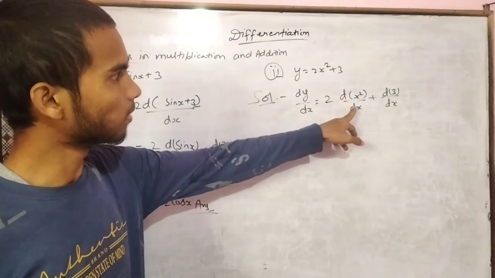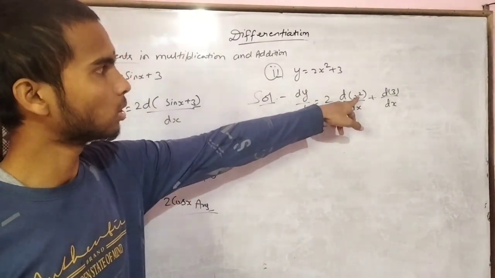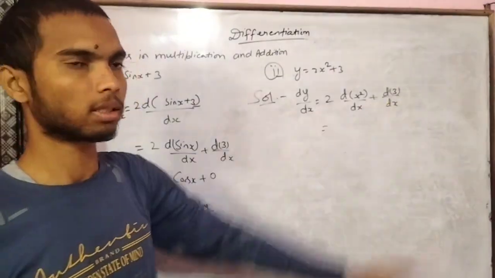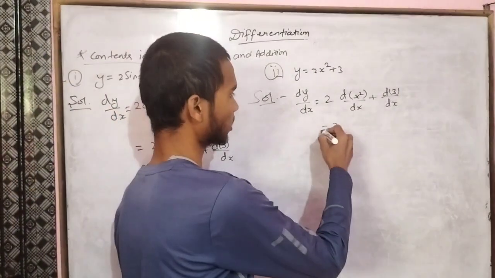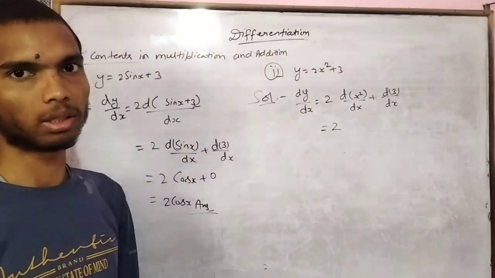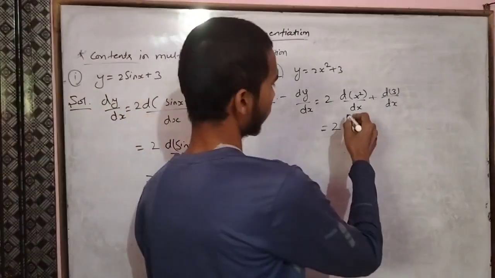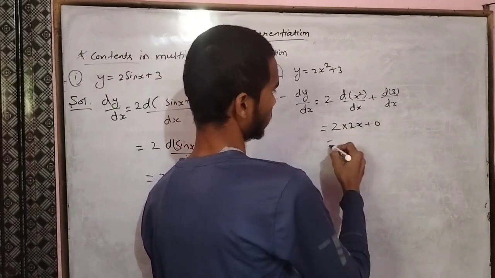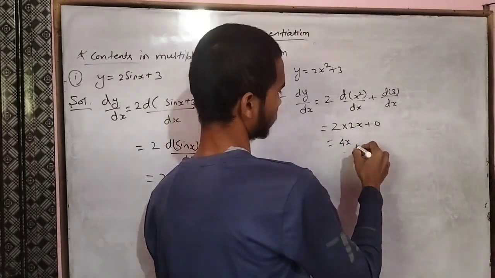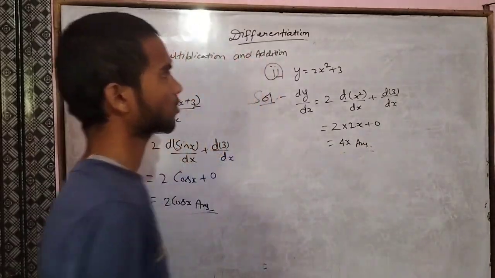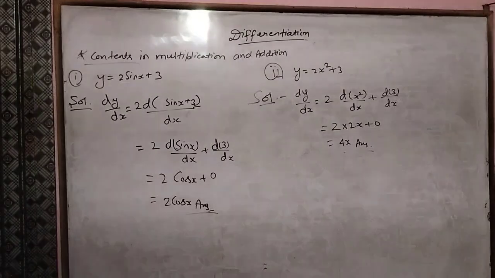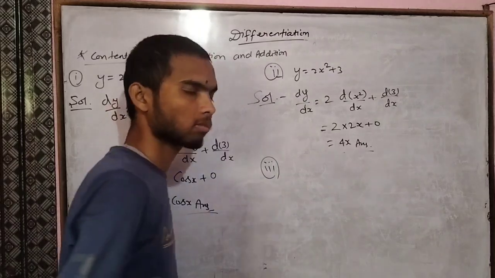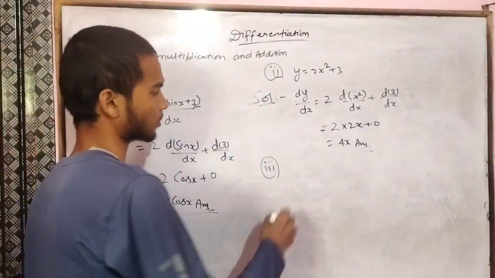It means we will differentiate x squared and 2 as it is, because 2 is not in differentiation. So here x squared gives 2x and then 0. 4x. This is the answer. Understood? Next question.